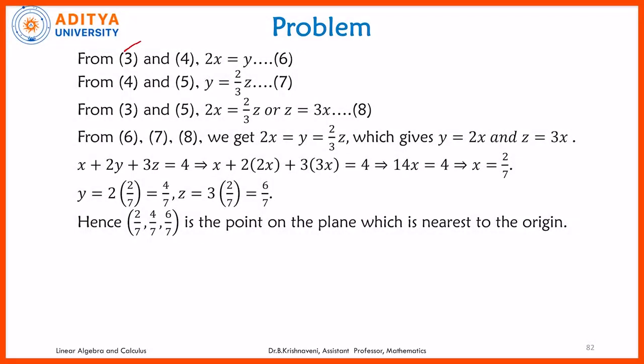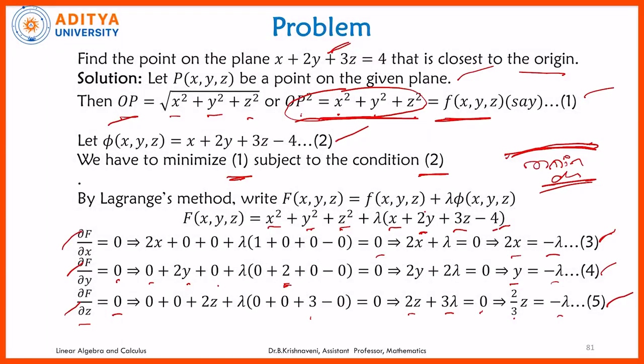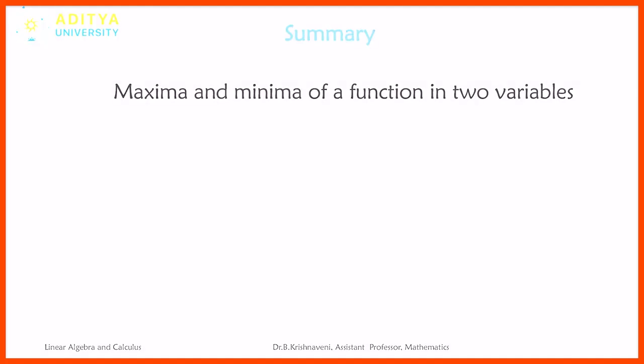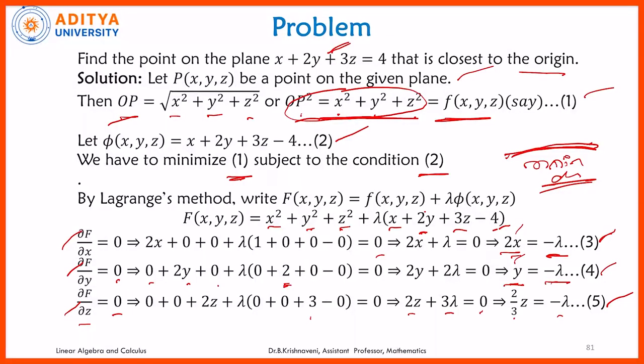Let's combine 3 and 4. Minus lambda is equal to 2x, minus lambda is equal to y. So equate the left-hand sides, that is 2x = y, equation number 6. Now from equations 4 and 5, y = -lambda and 2z/3 = -lambda.